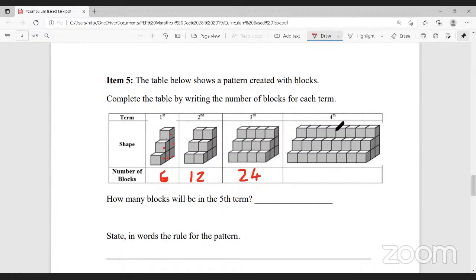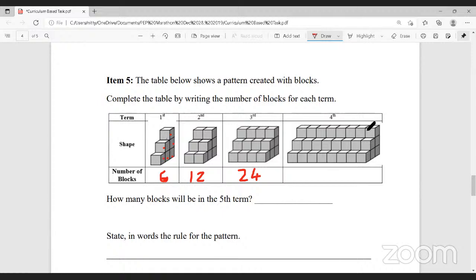Now let us see if in the fourth term they doubled as well. If it doubles the third term and we get the fourth term, we have 1, 2, 3, 4 patterns in the third term. And in the fourth term, let's see if we have double 4. Double 4 is 8. 1, 2, 3, 4, 5, 6, 7, 8. Good.